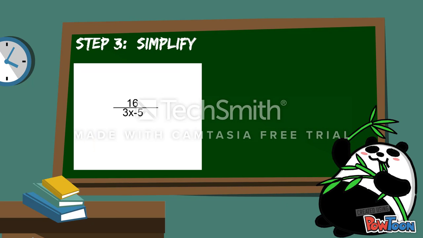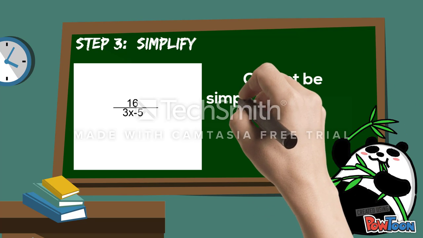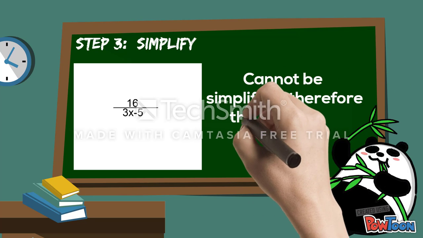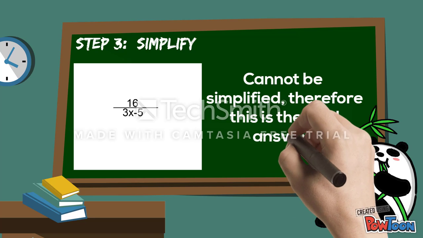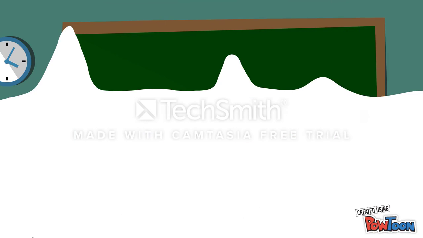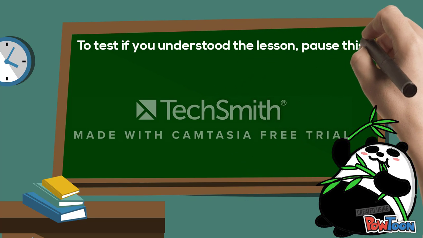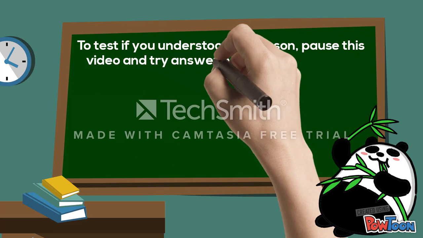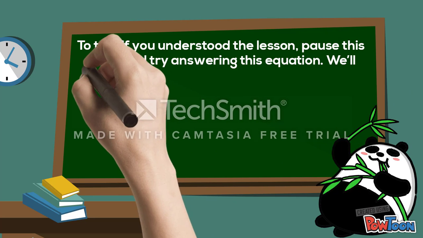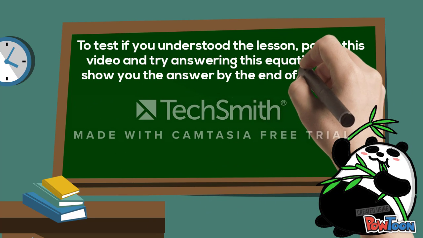The last step is simplification, but since 16 over 3x minus 5 cannot be simplified, that is already the final answer. To test if you understood the lesson, pause this video and try answering this equation. We'll show you the answer by the end of the video.